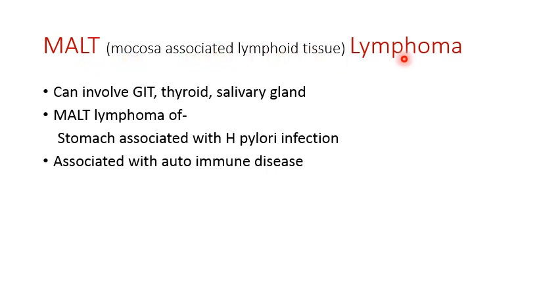You should know about this type as well, because it can involve the GIT, thyroid, and salivary gland, where mucosa-associated lymphoid tissue is present. The second reason you should know it is that it is associated with H. pylori infection. It is a complication of H. pylori infection, and also it is associated with some autoimmune diseases like Sjogren's disease.